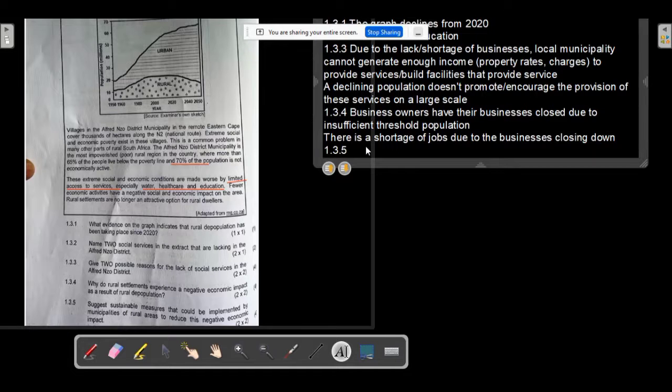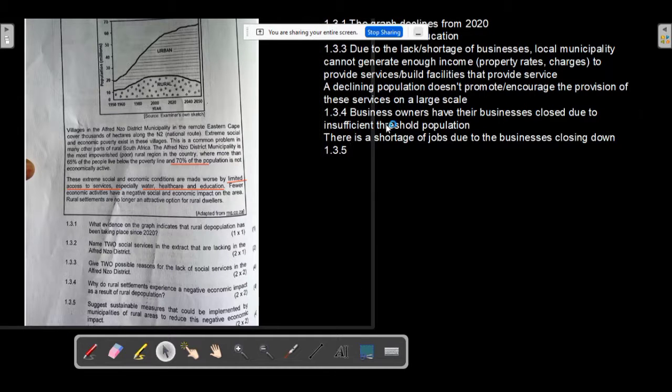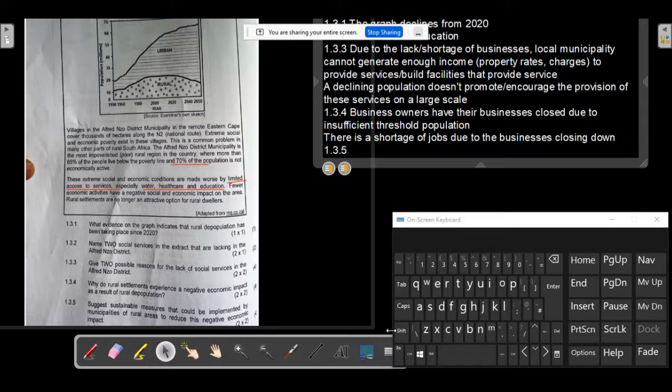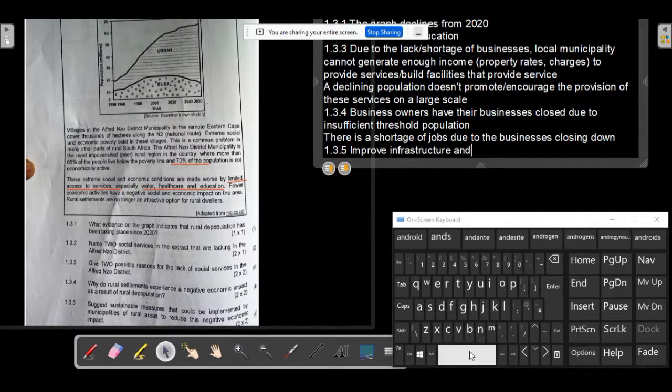There are actually many. I'm just going to write what comes to mind. We could say that they should improve infrastructure and also services, because you don't want people to move out. So provide what is not there, especially infrastructure, to attract investors.